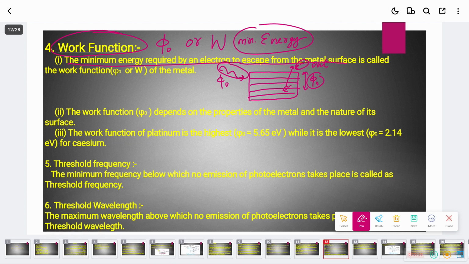To escape from the metal surface is called work function. Now understood clearly? So now I will complete the definition. Work function is the minimum amount of energy required by an electron to escape from the metal surface.